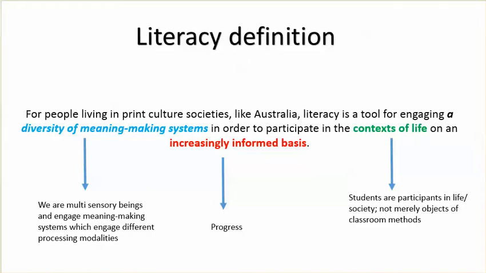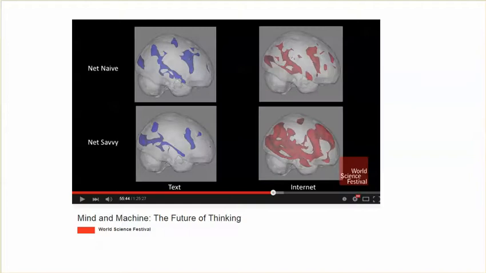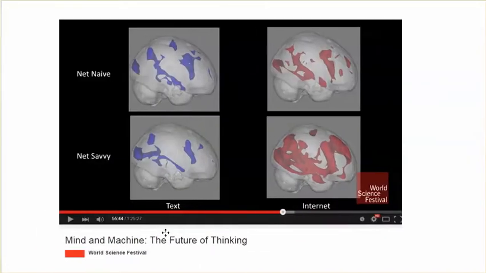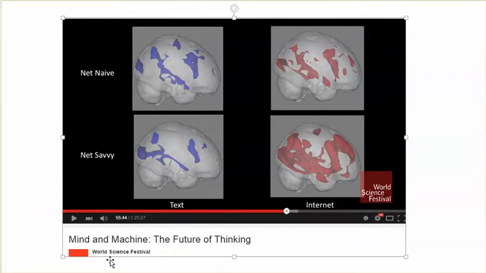But before I move to categories, I'll just show you the results of this beautiful experiment. I've got the paper as well, but this was reported in this particular session, Mind and Machine, the Future of Thinking. And what they reported in this particular colloquium during the World Science Festival, which happens every year in New York, look at this here.